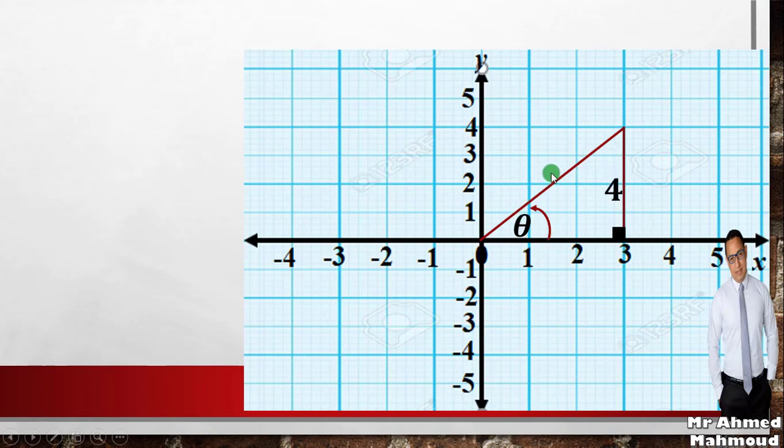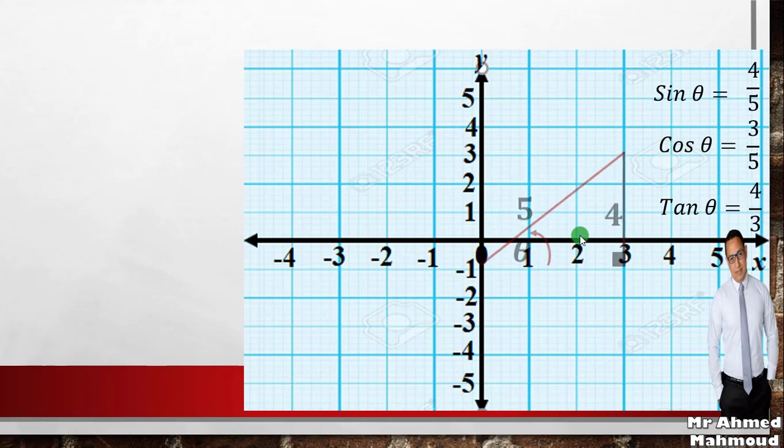The hypotenuse is the square root of 3 squared plus 4 squared, which equals 5 units. Now the sine equals opposite over hypotenuse, 4 over 5. The cosine equals adjacent over hypotenuse, 3 over 5. The tan equals opposite over adjacent, 4 over 3.